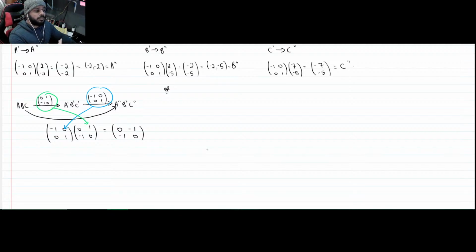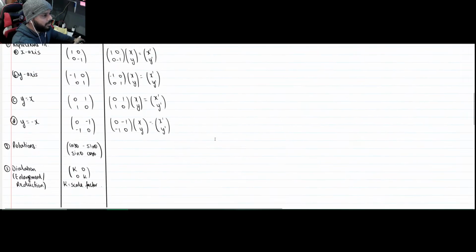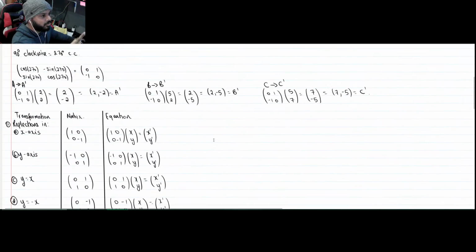So based on this, this matrix should send me from A straight to A double prime. Let's just check one point and see. From A to A double prime, I will have the matrix 0, minus 1, minus 1, 0 multiplied by the coordinates of A. And A, if I remember correctly, was 2, 2.